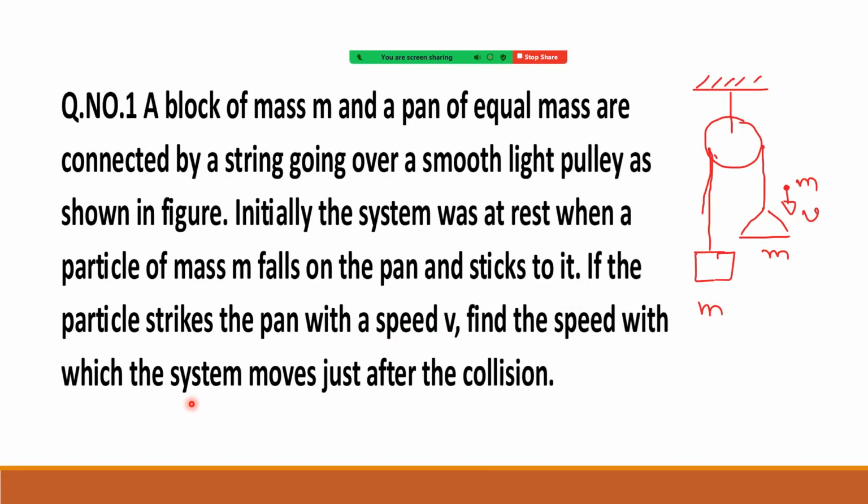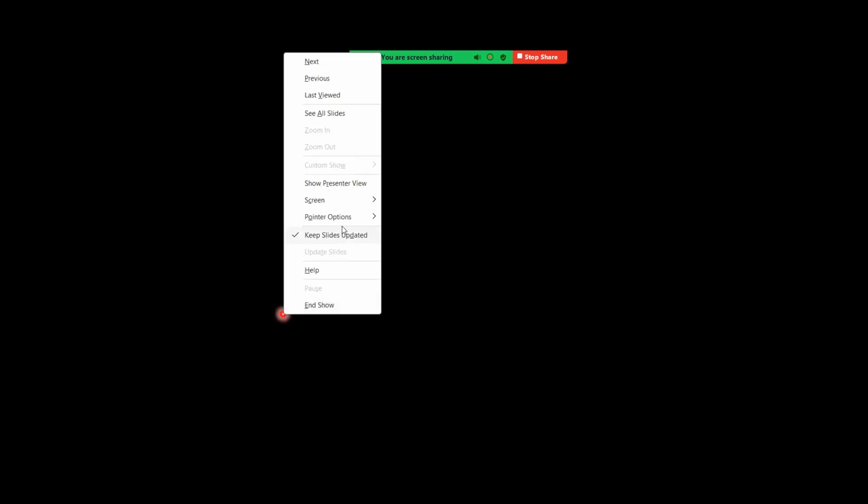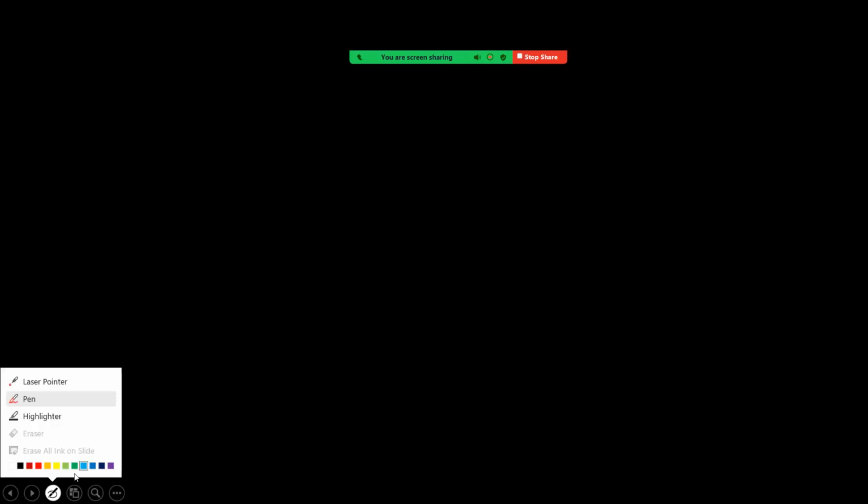Let us see how to use this impulse momentum theorem to solve this problem. Right, let us make a diagram.